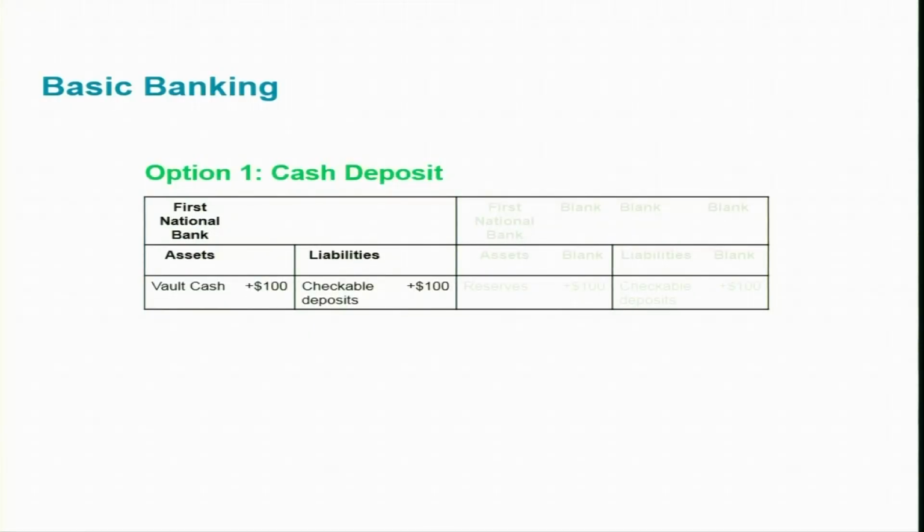You can notice from this table that the vault cash increases by $100. Importantly, since somebody deposited this cash, the checkable deposit is a liability. Immediately there is an increase of $100 in checkable deposits, a liability for the bank, and at the same time this cash with the bank is now vault cash. This is how the T account of the bank changes: on the asset side there is an increase of $100, and on the liability side the checkable deposit has also increased by $100.